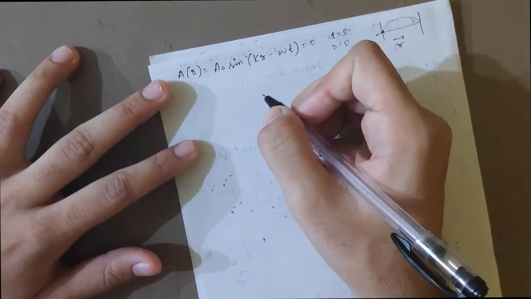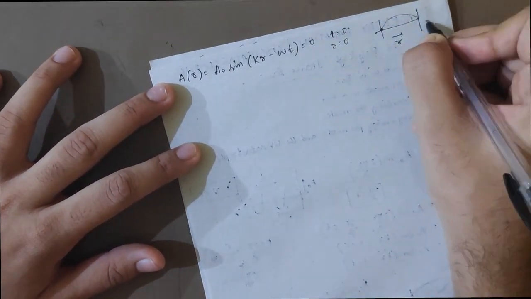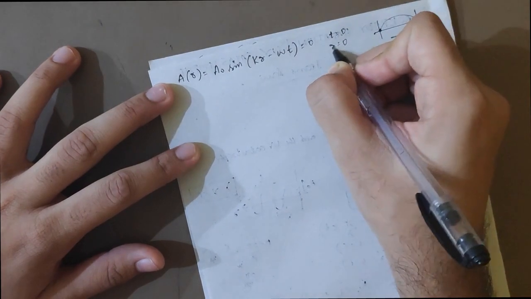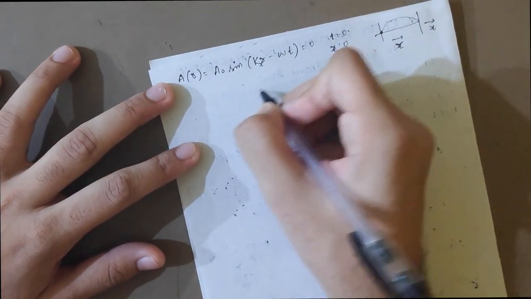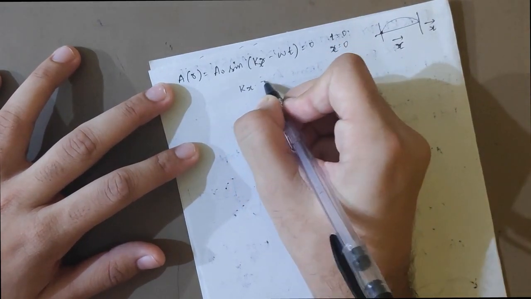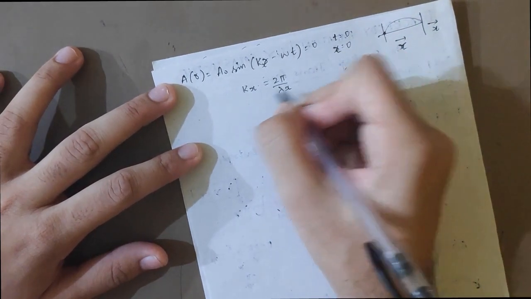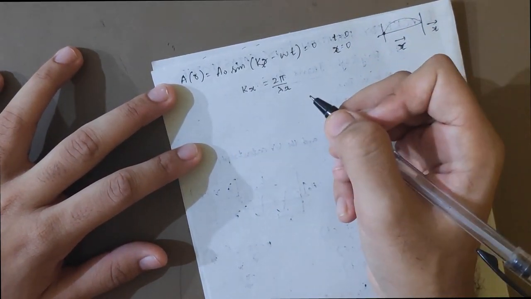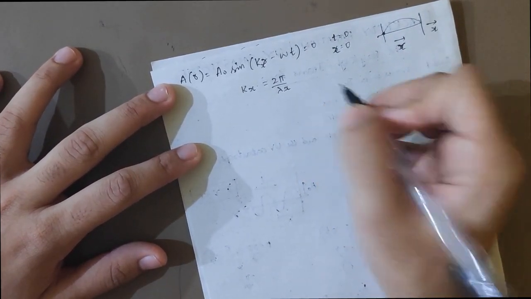So if you continue doing the calculation, since we consider only the x direction, not r, we have kx equal to 2 pi by lambda x, where kx is the component of the wave vector of the mode of oscillation in the x direction.